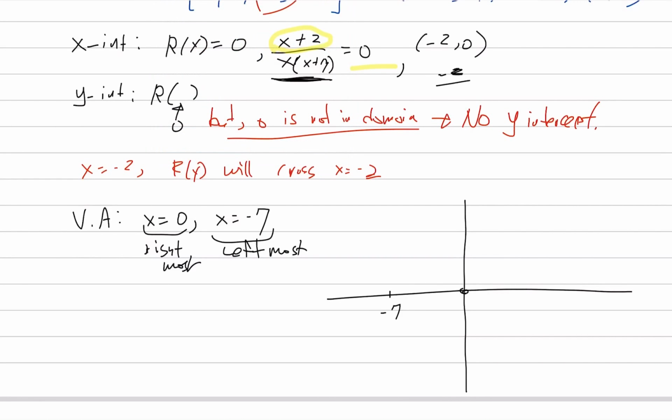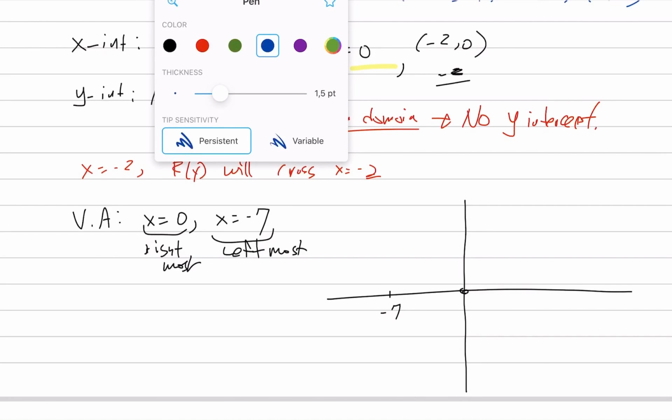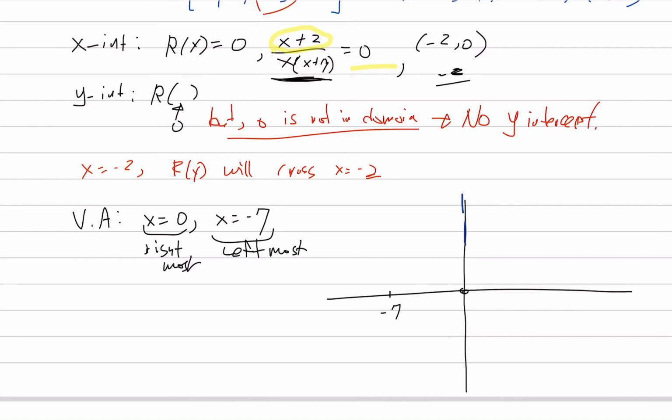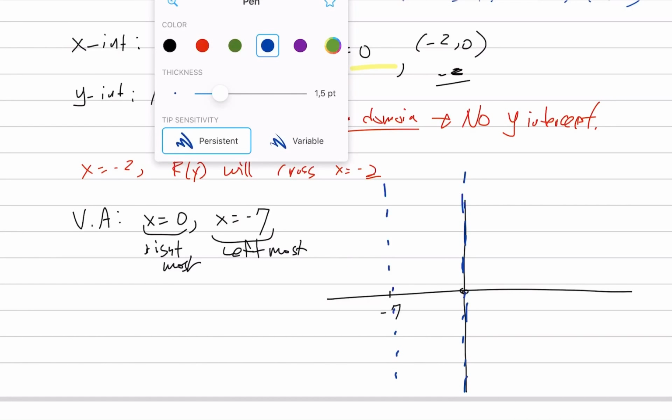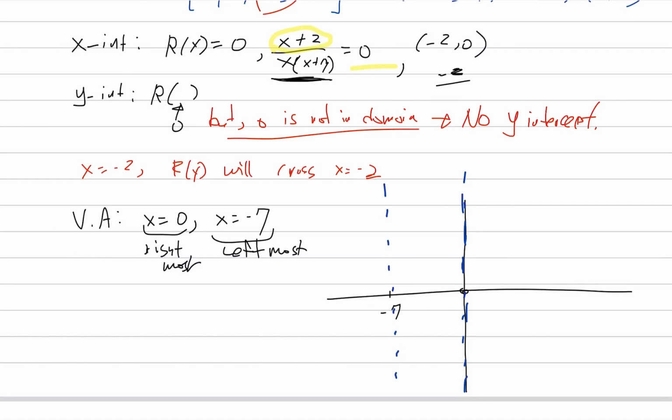So here are the vertical asymptotes. This one and this one. So what's happening here is we know that for a vertical asymptote, as the input quantity approaches the vertical asymptote from left to right, either it will go to positive infinity or negative infinity. So keep that in mind, right?